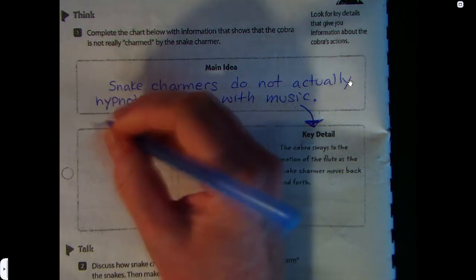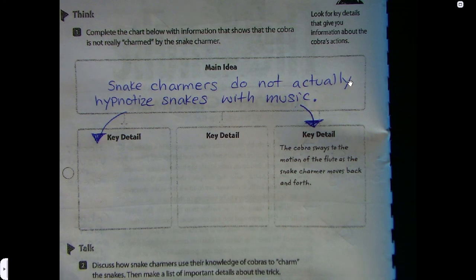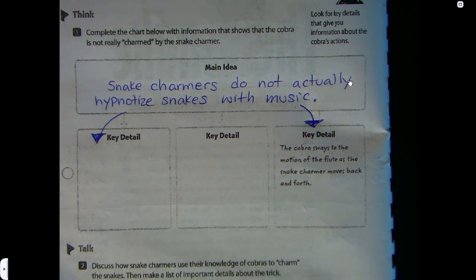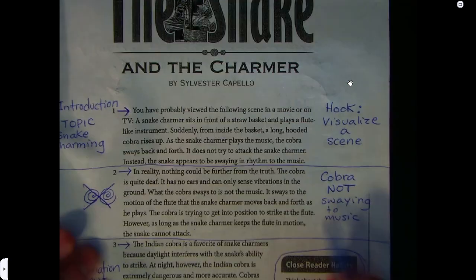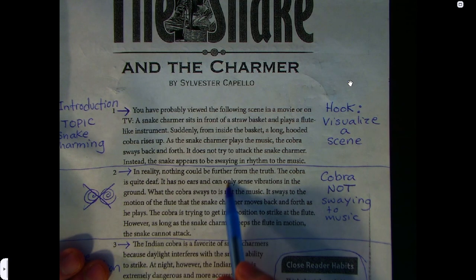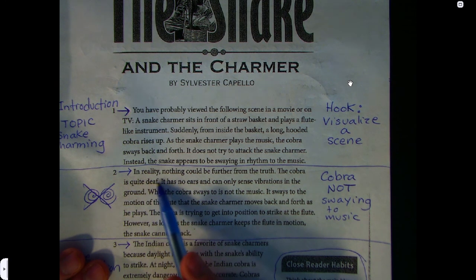What else do we know? How do people know that the music is not hypnotizing the snakes? Look back. Oops, wrong one. Look back here. Remember when we wrote this? I bet we're going to see a lot of good information here. For example, remember when we read the cobra is deaf? It has no ears? Well, that seems like good evidence.